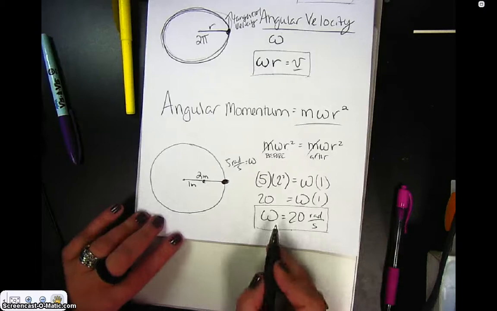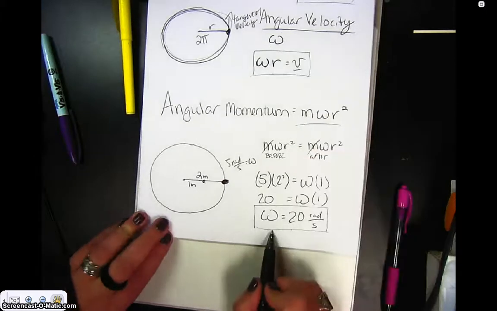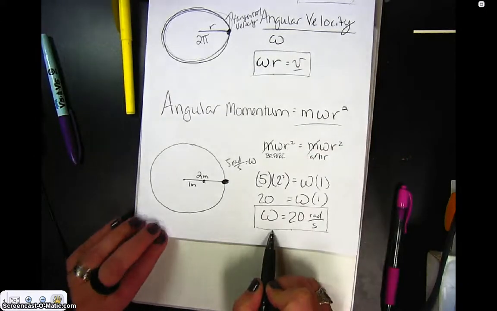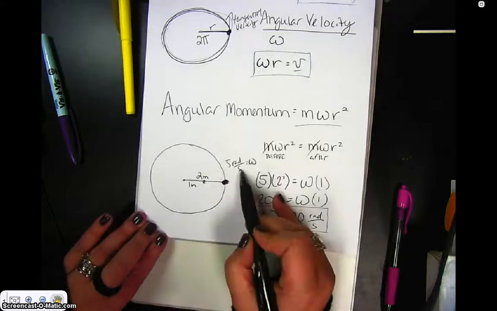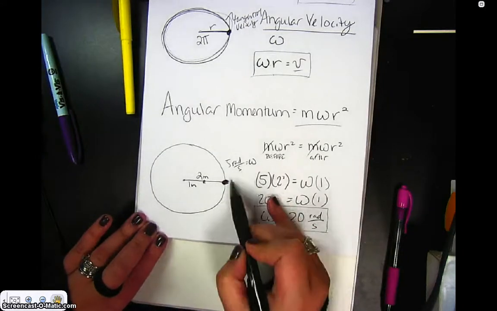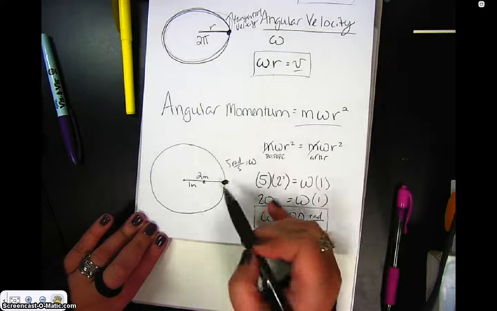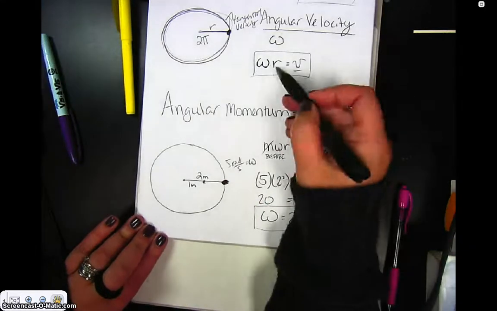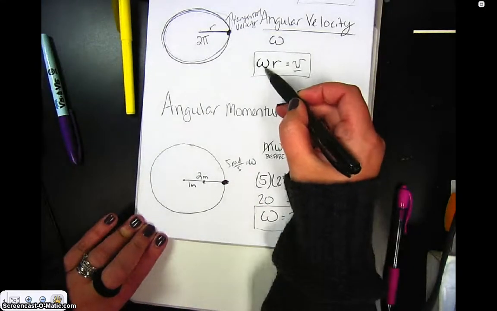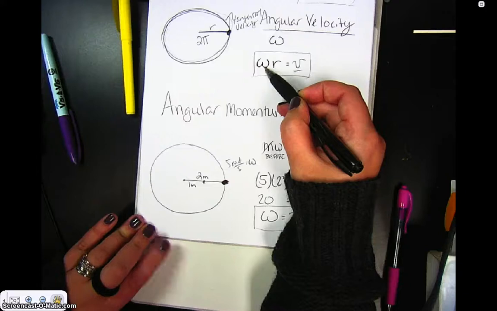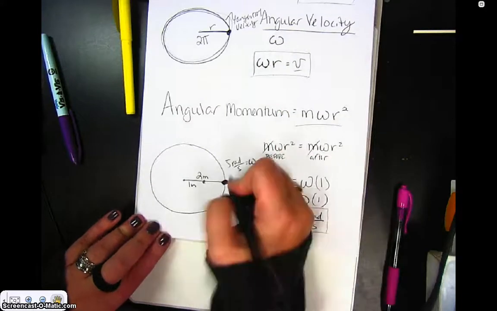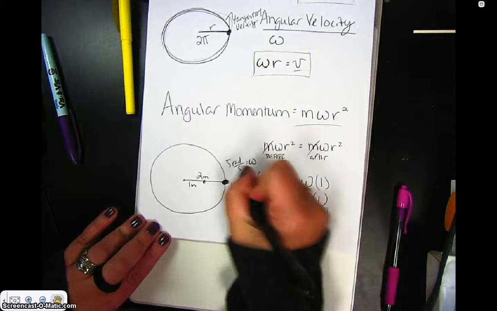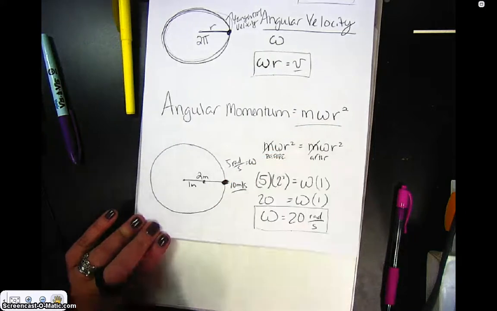So let's use this equation to change it into a velocity, right? So at first we have 5 radians per second, and we have a distance of 2 meters, right? So if I were to multiply your angular velocity times the radius, so it would be 5 times 2, then my instantaneous velocity right here would be 10 meters per second.